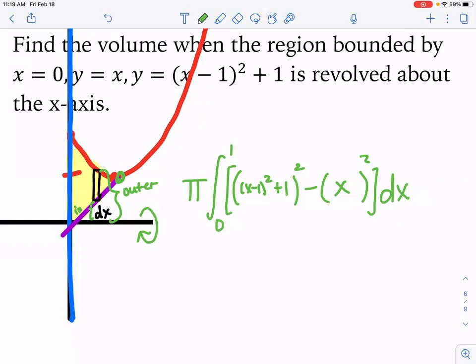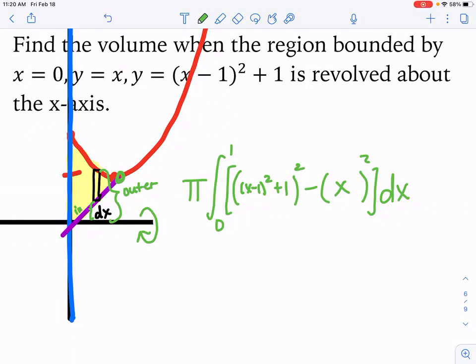But 2 would be the y value. Since we're doing dx, we need x. So horizontally, this begins at 0, stops at 1. And this is why our rectangles are important. We have thickness dx. We can imagine that washer rotating around. And it also tells us, since it's dx, horizontally is where I need to grab my limits of integration.